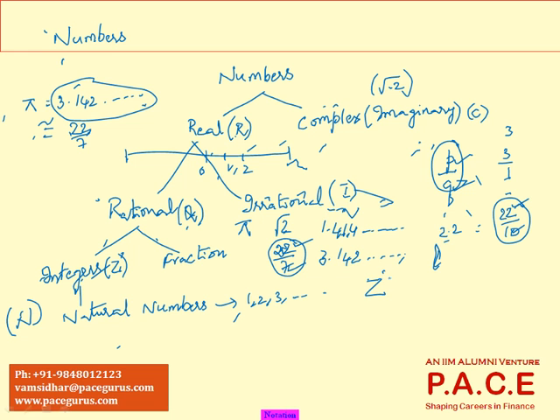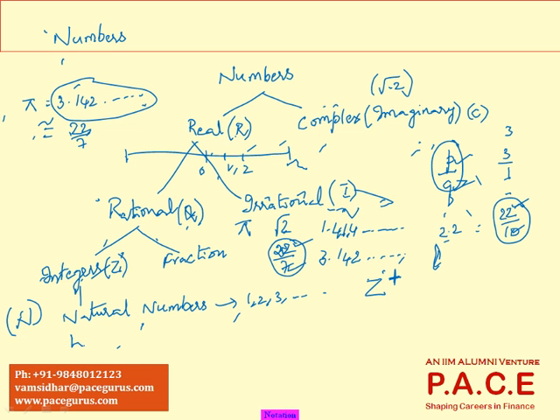Positive integers, otherwise denoted by this kind of a sign, Z plus. Z plus is positive integers, because Z is all integers, plus means positive integers. So we need to be comfortable with this kind of a notation also. So Z plus is natural numbers.